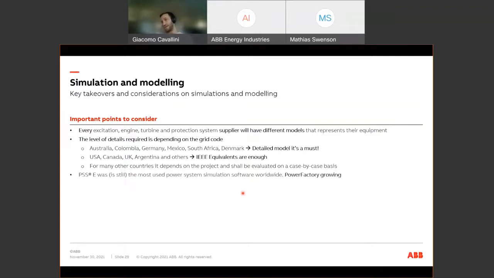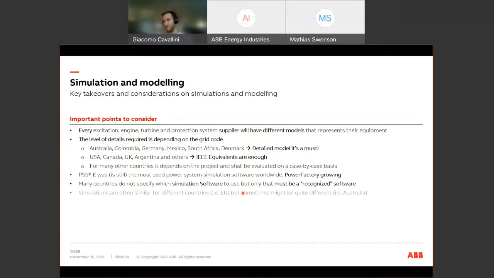PSSE was and still is one of the most used power system simulation software worldwide, but PowerFactory is at the moment growing due to the outbreak of the German market. Many countries do not specify which simulation software to use, but they just say that it must be a recognized software. So for the company performing the study, it is better to use a state-of-the-art software recognized by the network operator.